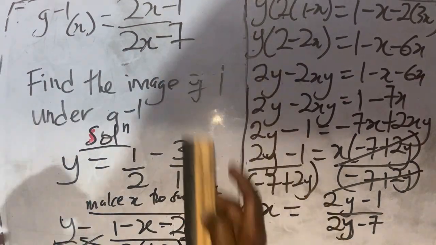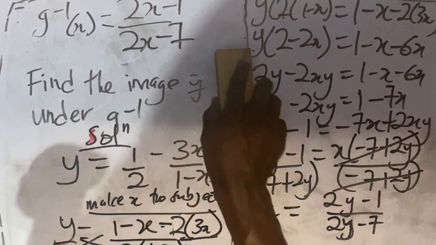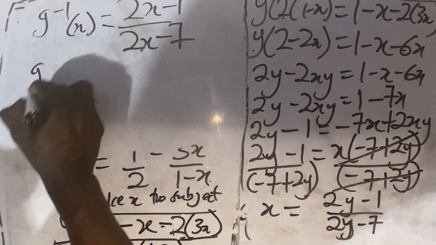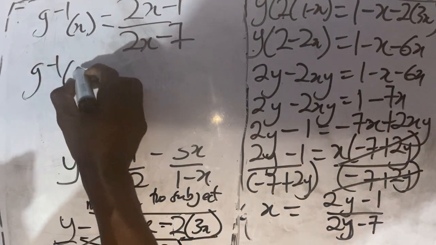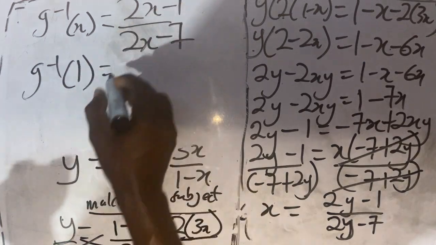And therefore, remember, the question says find the image of 1 under the inverse of g of x. So if I'm to find the image, remember, x is 1 in this case, so I'm just substituting x into this whole thing.